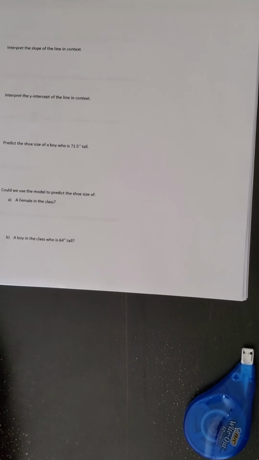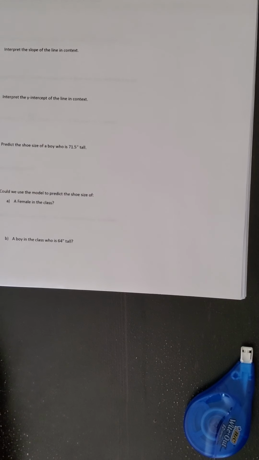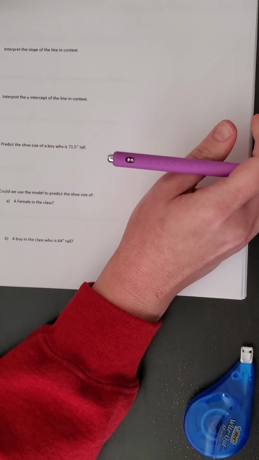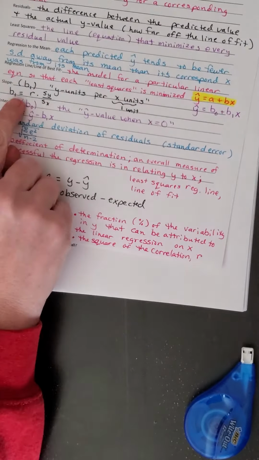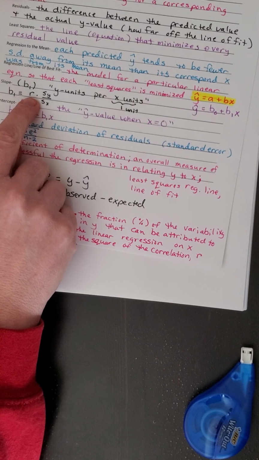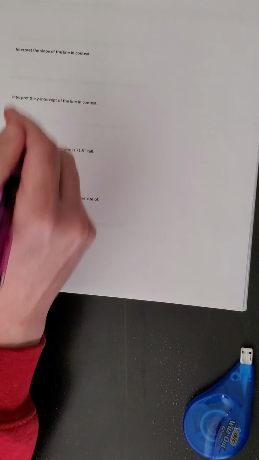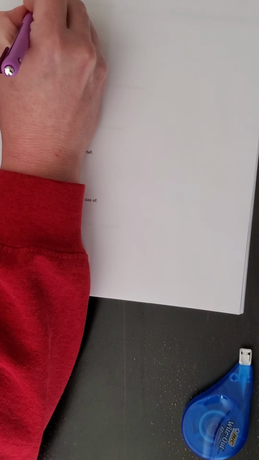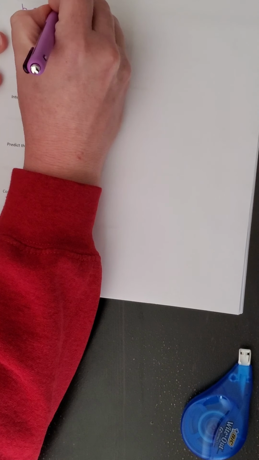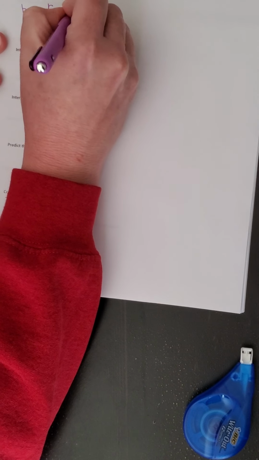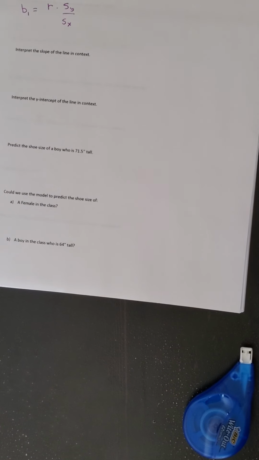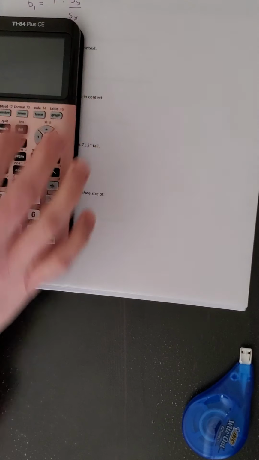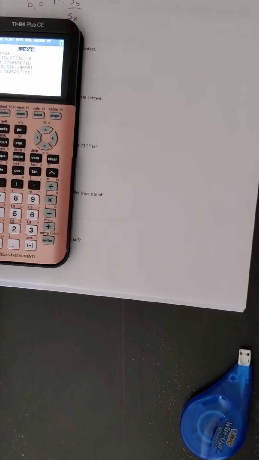Looking back at the notes from a minute ago, we can see that B1 is equal to R times S sub Y over S sub X. It just so happens that I have that handy information right here in my calculator.